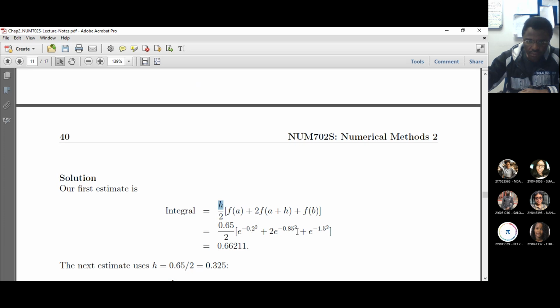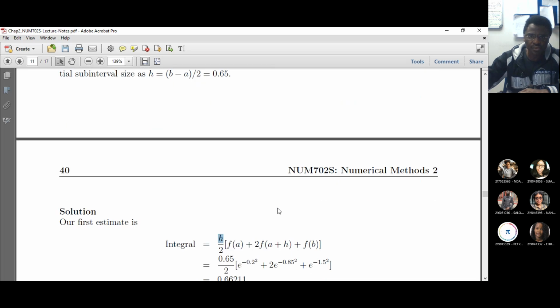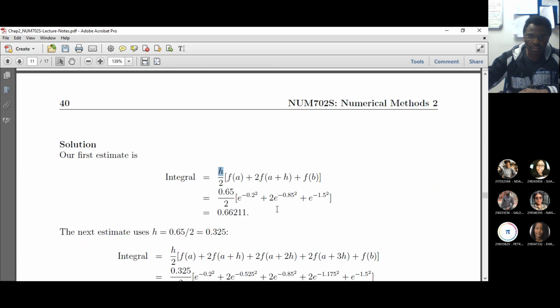Okay, this looks like the Simpson rule. No, this is the trapezoidal, it's not Simpson. This is the trapezoidal rule, since we only use 2 terms.